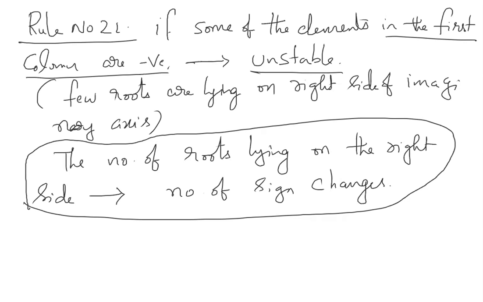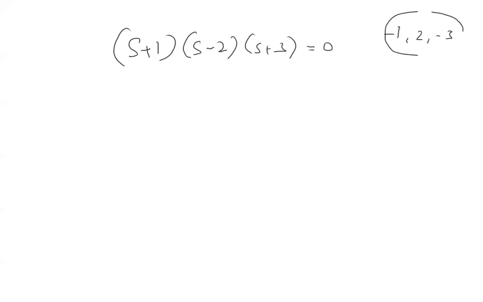So what is this rule number 2? Suppose I have a Routh criterion table, something like this. Let's take (s plus 1) into (s minus 2) into (s plus 3). How many roots do you have? Minus 1, 2, minus 3. Basically, you are taking a known system and verifying.